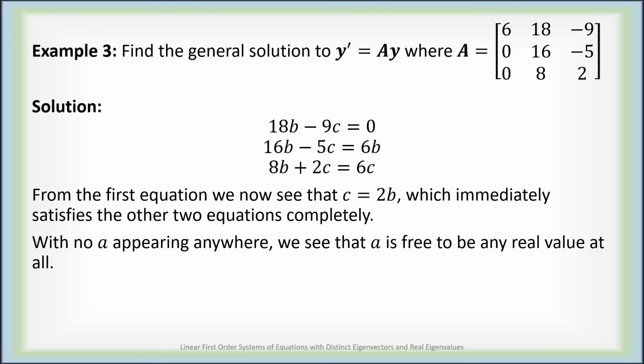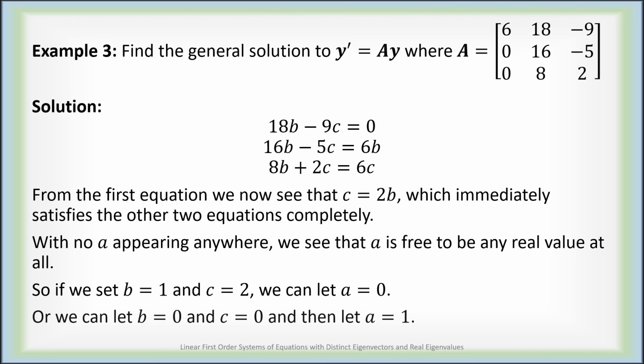Now a doesn't appear anywhere, so it's free to be any value that we want. So for example, if c is equal to 2b, we might let b equal 1, c equal 2, and for simplicity's sake, just let a equal 0. There is an eigenvector. Or you could let b and c both be 0. Now an eigenvector can't be made up of all zeros, but remember a is free to be anything it wants. b equals 0, c equals 0 does satisfy c equals 2b, and then I let a equal 1.